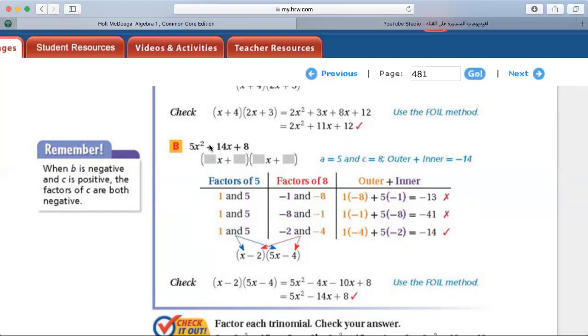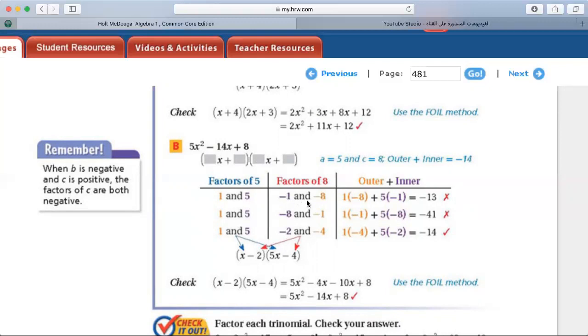Again, what if I have a negative middle term and a positive c? What if I have a negative b and a positive c? I will give all the factors a negative sign, and I will change their places.